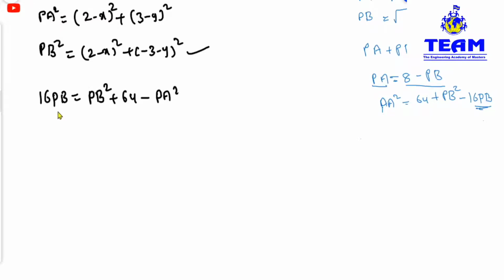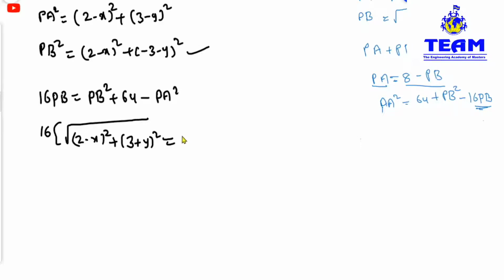Now we will substitute PB square, PA square in this equation. Now 16 times of PB is what you have? Square root of 2 minus x whole square plus, you see friends, inside you have minus 3 minus 5. So you can take minus common, then minus 1 whole square becomes plus. So inside you will have only 3 plus 5 whole square.